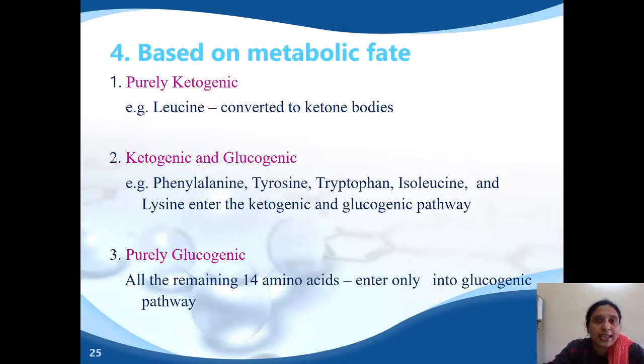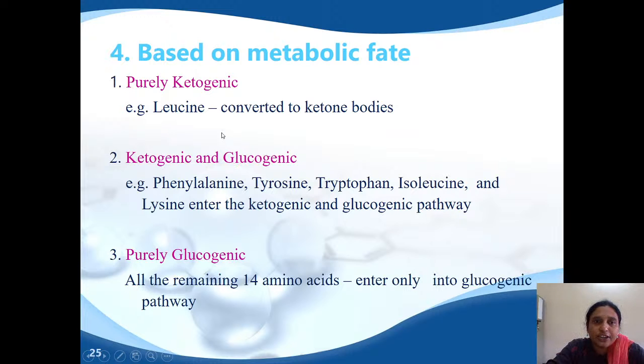So based on their metabolic fate, that is, how the carbon skeleton is converted during the degradation of the amino acids, they are classified into three types: purely ketogenic, purely glucogenic, and both glucogenic and ketogenic.